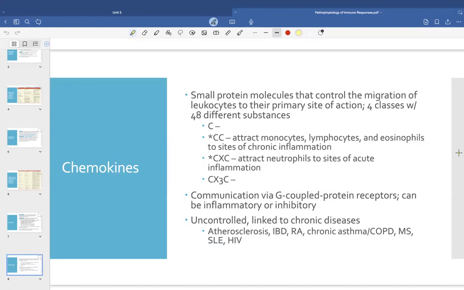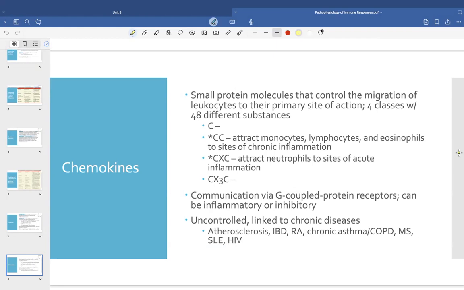Okay. There is some communication, and it has to do with protein receptors, especially the G-coupled protein receptors on the surface molecule. And some of these can be inflammatory and some can be inhibitory. So it is a matter of a balancing act.